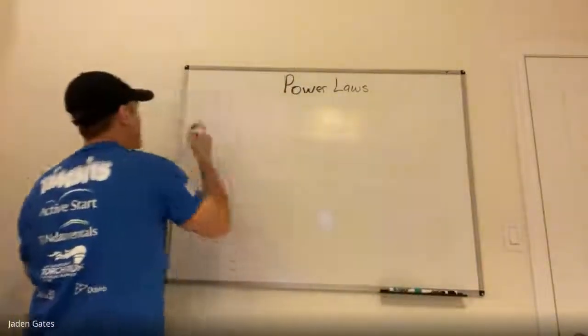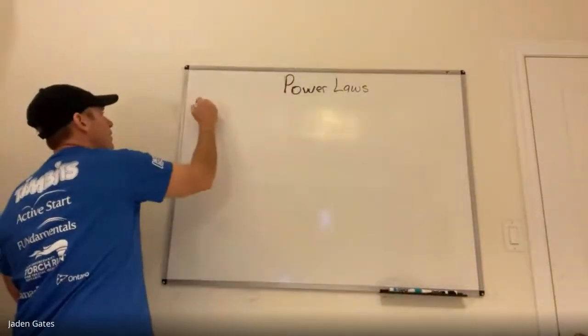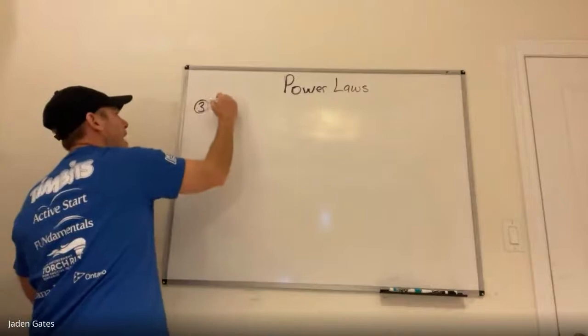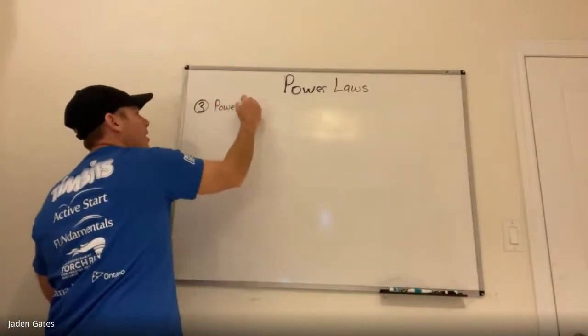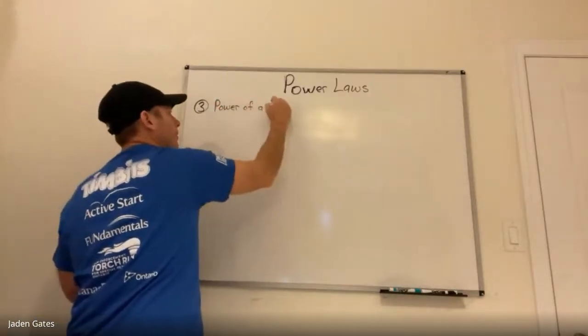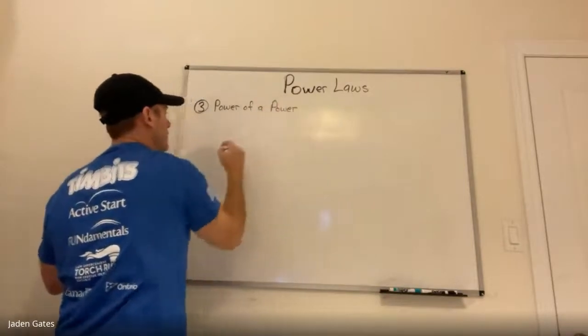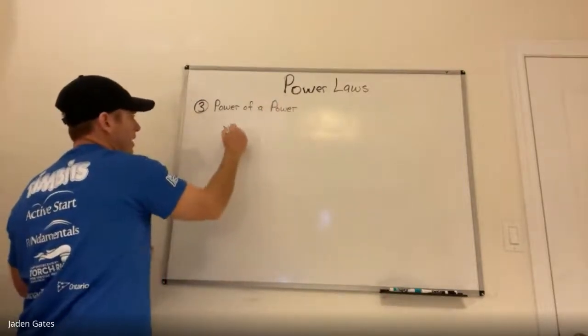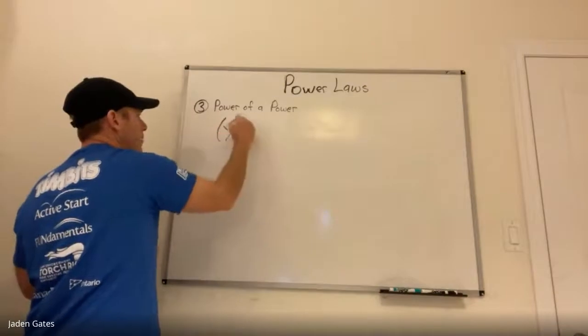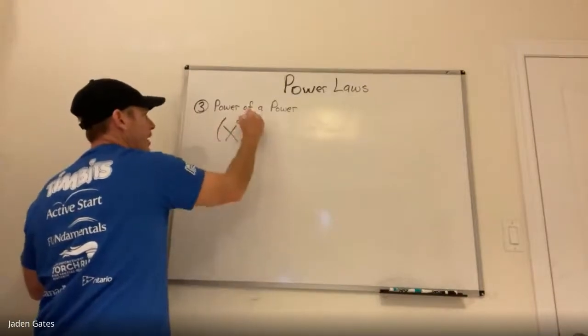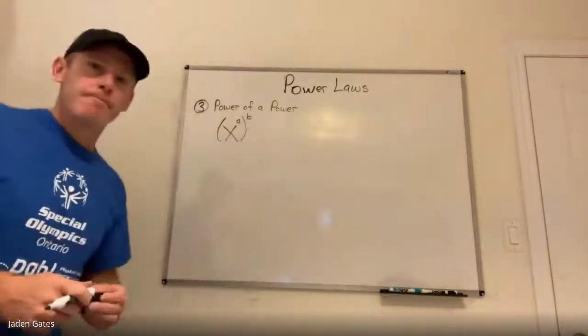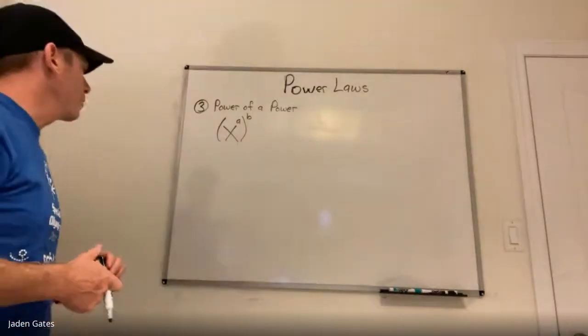So rule number 3 is when you have a power of a power. All right, so we have, say, something like this, x to the power of a, but then we take that whole thing and do it to the power of b. All right, so there's something a little bit different.